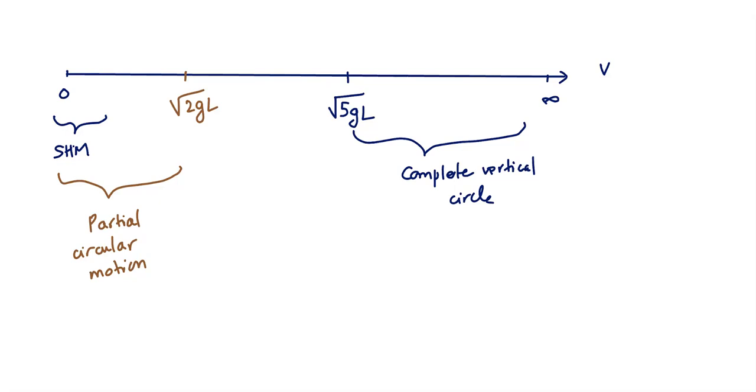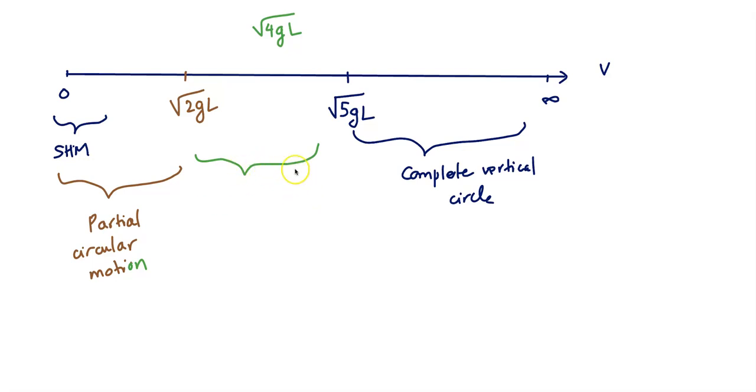And finally, for any speed in between square root of 2gl and 5gl, for example square root of 4gl, where we made a mistake, the bob is going to start off executing circular motion, then slacken off, and then execute free fall.